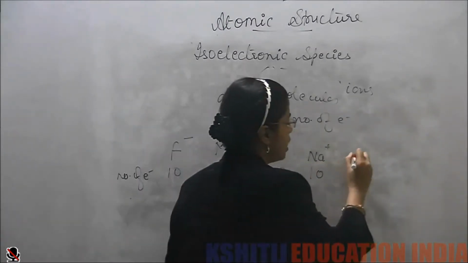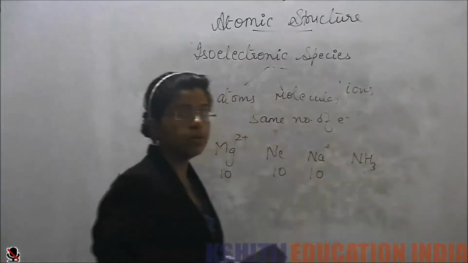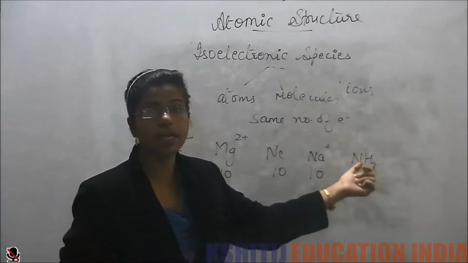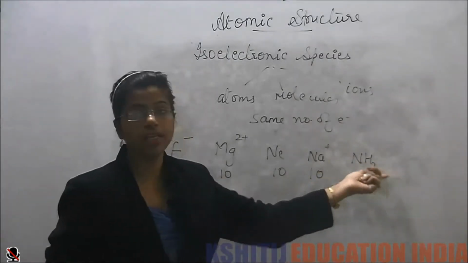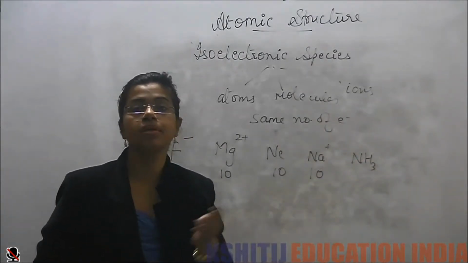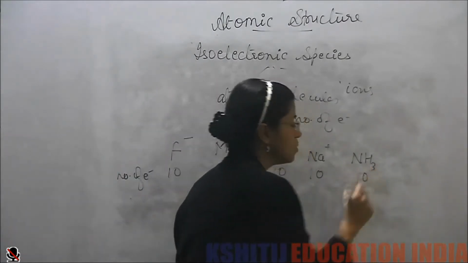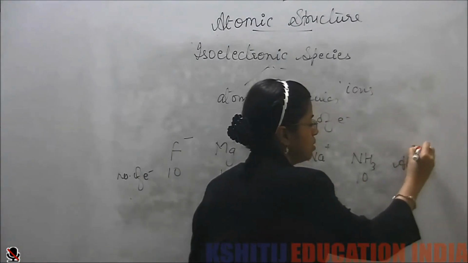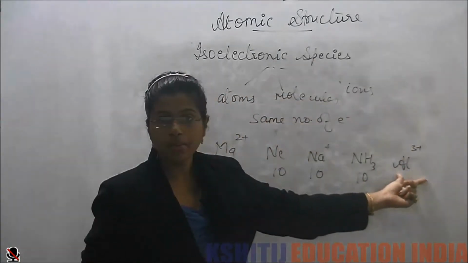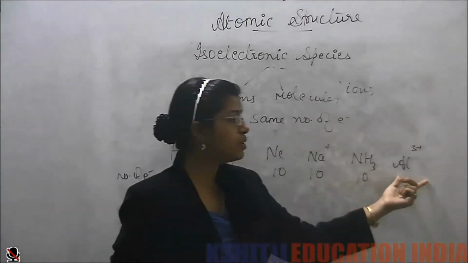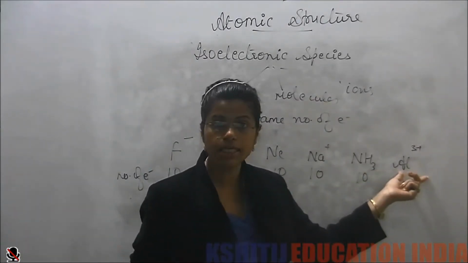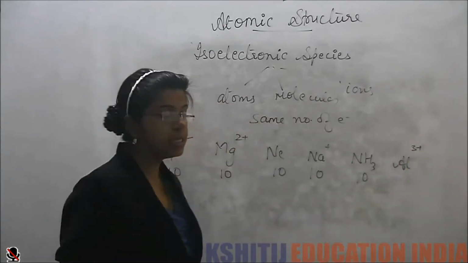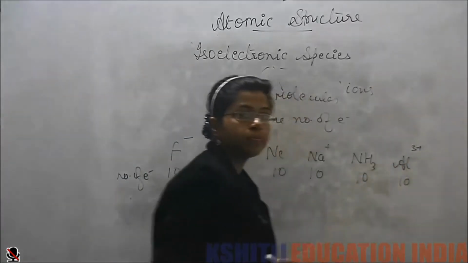Right? If we take ammonia molecule, nitrogen has 7 electrons and hydrogen has 1 electron, so 3 hydrogens having 1 electron each. 7 plus 3, again 10. Then if we take aluminium ion, number of electrons in aluminium atom is 13. 3 plus charge means it has lost 3 electrons, and that means again number of electrons is 10.